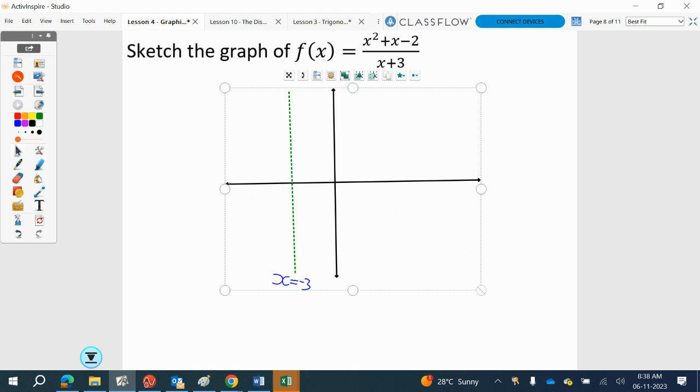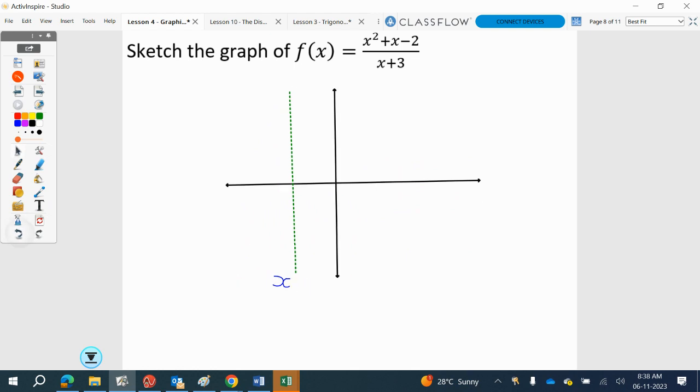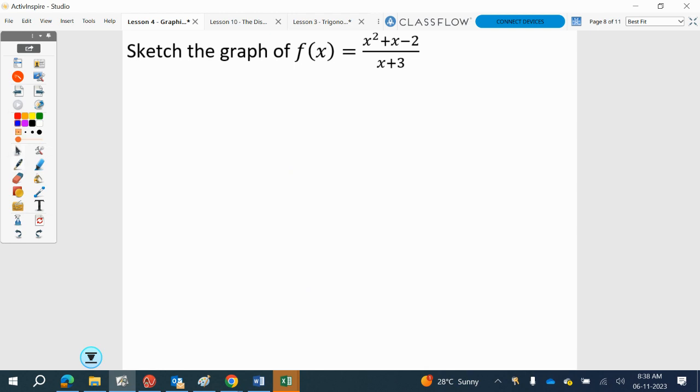Let's start again. So, we want to divide. We want x plus 3. We're going to divide x squared plus x minus 2 by that. So what do we need to multiply x by to get x squared?